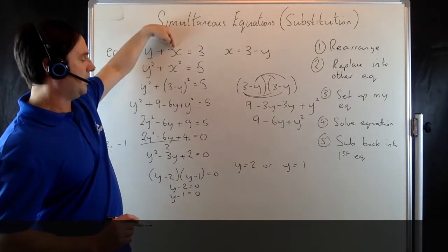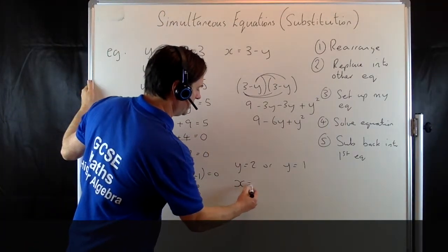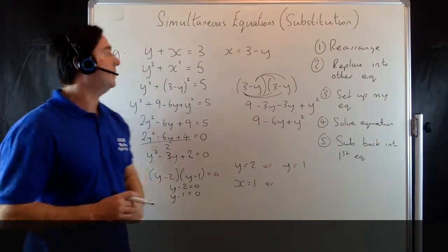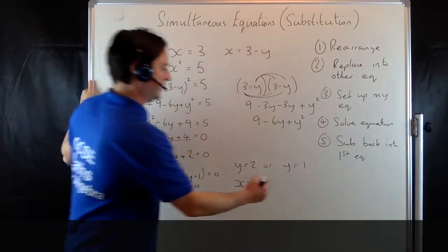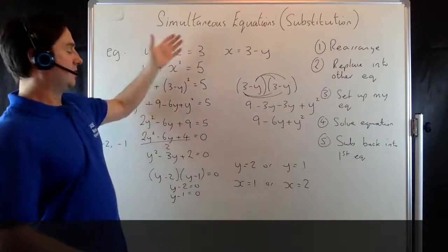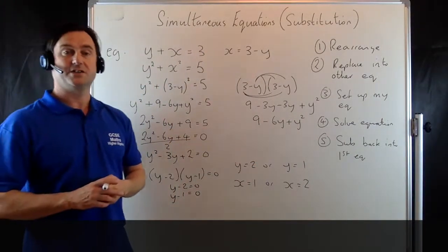Well, 2 plus 1 must equal 3. So when y is 2, x will be 1. But what about when y is 1? Well, when y is 1, 1 plus 2 gives you 3. So x must equal 2. So we've got our 4 answers, 2 y values, 2 x values.